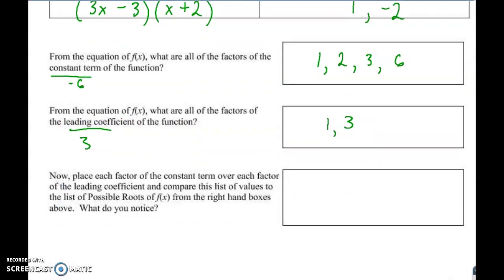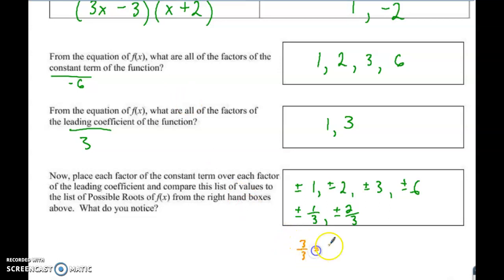As you notice, all of the possible answers are plus or minus 1, plus or minus 2, plus or minus 3, plus or minus 6, and then also plus or minus 1/3, plus or minus 2/3. Why do you think I don't have 3/3 written down? Well, let's think about it.